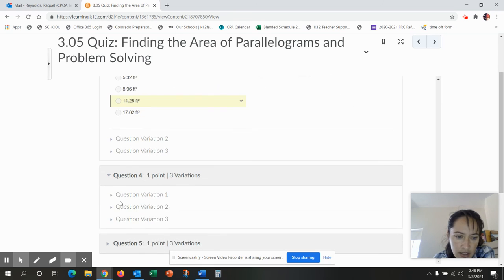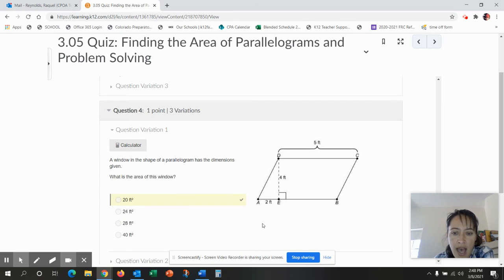Here we go. Question variation. Aha! Do we need to do 5 plus 2? I don't think so, but I just want to check it with you guys. See, D to C is going to be the same length as A to B, and that makes sense because that's how we define a parallelogram.